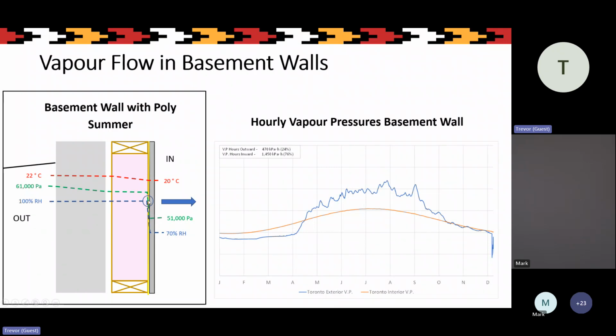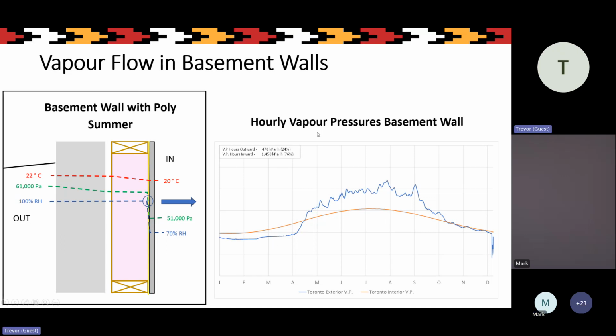You can end up with very high and potentially 100% relative humidity conditions on the exterior side of this polyethylene sheet in a below grade wall. So depending on how much moisture is in the soil, and how much sun is hitting and driving moisture through, this can quite often result in condensation on the backside of this poly sheet if we use this approach below grade.